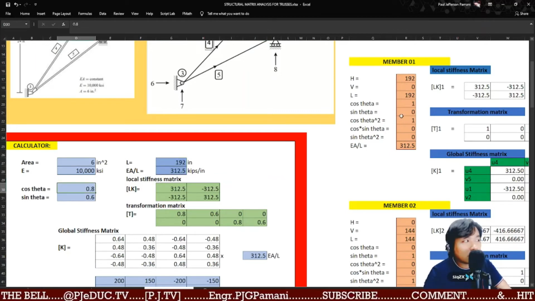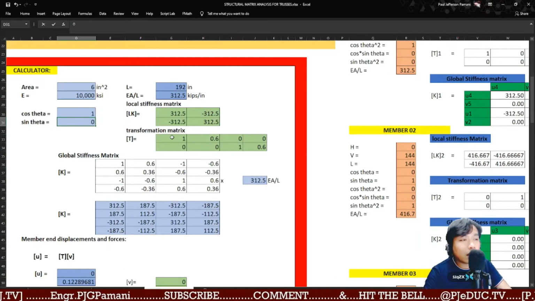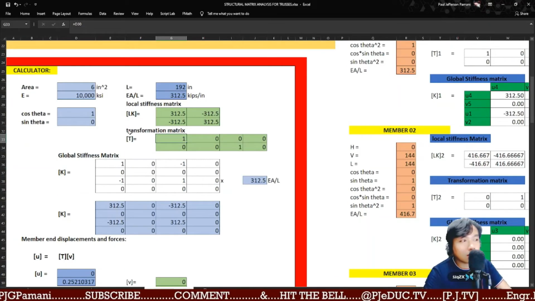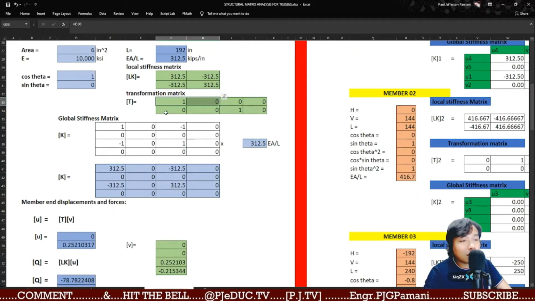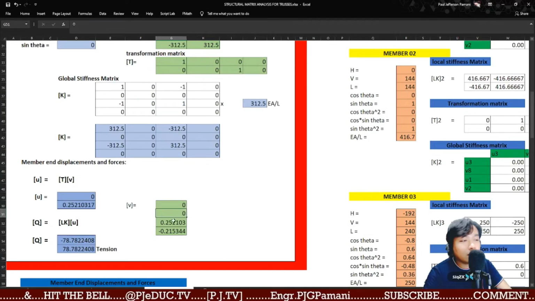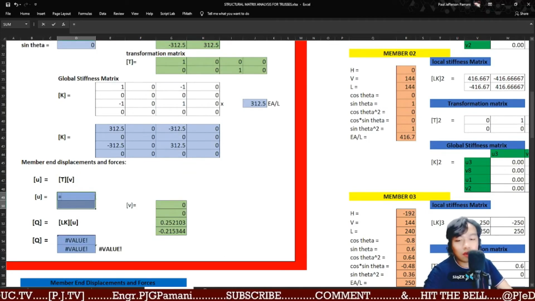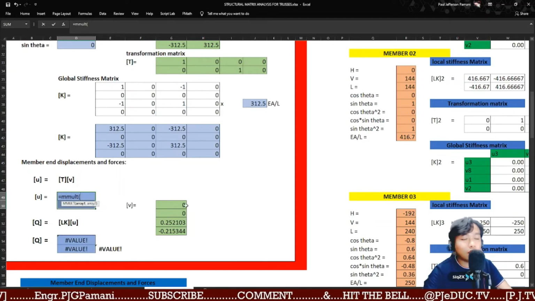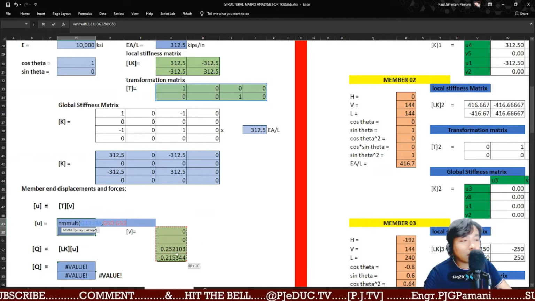Cosine theta was identified as 1 and 0 is sine theta. Then we'll have your transformation matrix. Multiply transformation matrix with our V value. Para makita ninyo, dito lang naman yan, equal to multiplication of this matrix. Don't forget kung ano yung nauna sa multiplication natin.